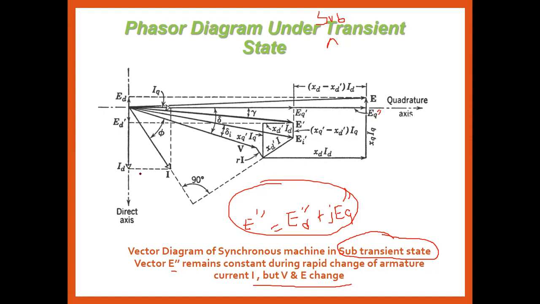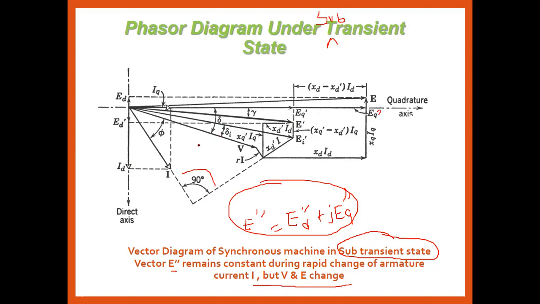Okay, the angle between the direct axis and the quadrature axis is 90 degrees. The angle between EQ and EQ double dash is psi. That is the power angle or load angle.